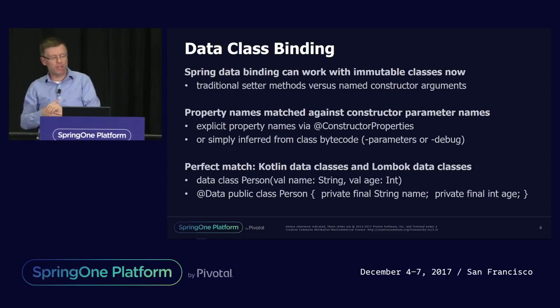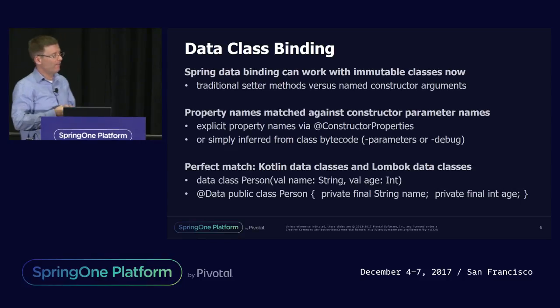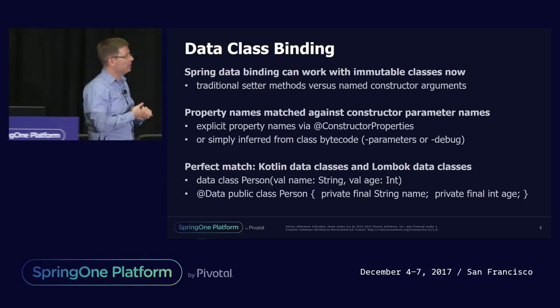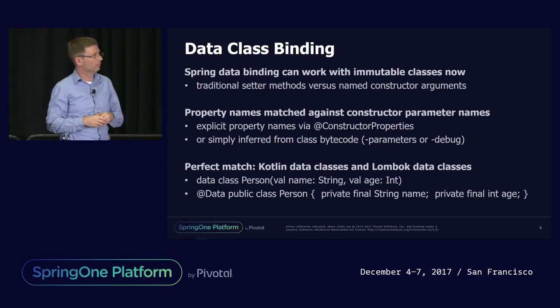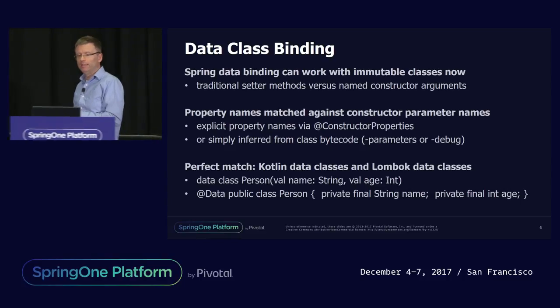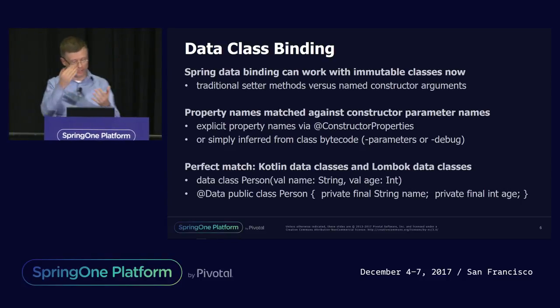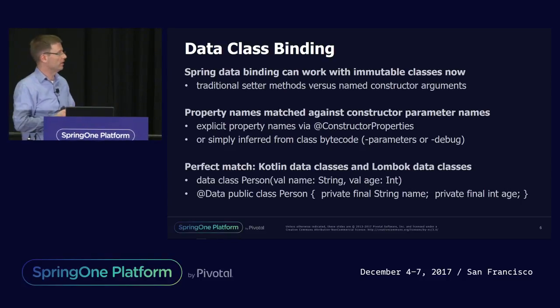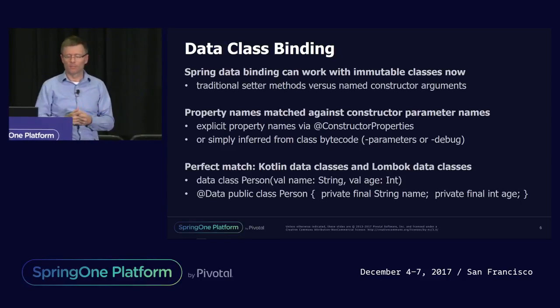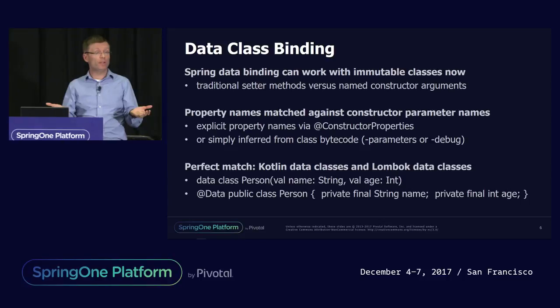It's a very, very concise signature and a very common pattern. It turns out that Lombok has a very similar pattern in its @Data model. Basically, @Data, @AllArgsConstructor, and then a declaration of fields within a Java class turns into a very similar outcome. And you can handcraft it in Java, right?